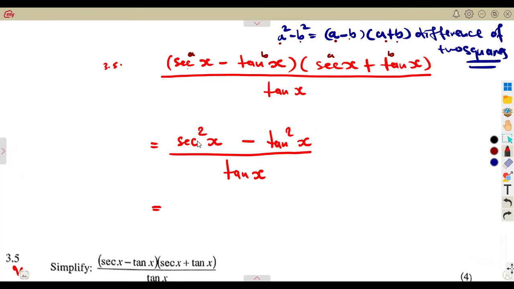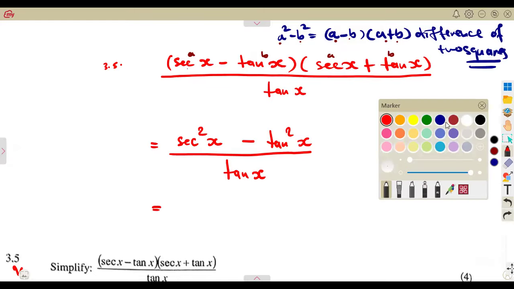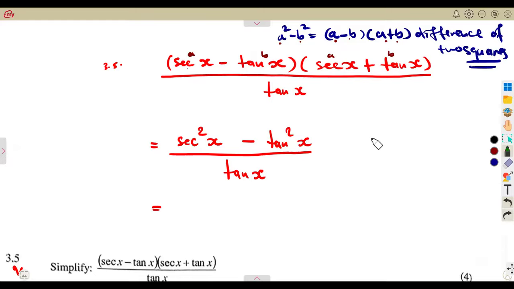Here we have an identity. Remember that sec squared minus tan squared is equivalent to 1. Where is it taken from? Remember this one, cos squared x plus sine squared x is equal to 1.